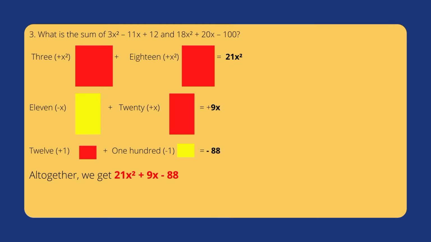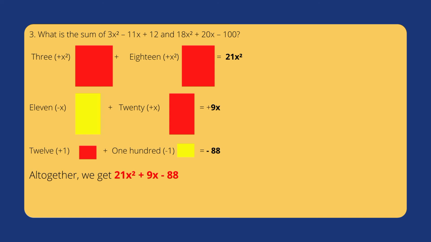Let us proceed to number 2. What is the sum of 3x squared minus 11x plus 12 and 18x squared plus 20x minus 100? Now, let us combine the like terms. In the first term, we have 3 positive x squared plus 18 positive x squared, which is equal to positive 21x squared.